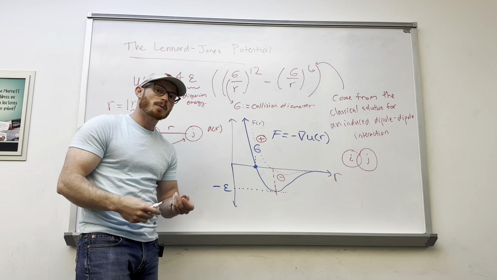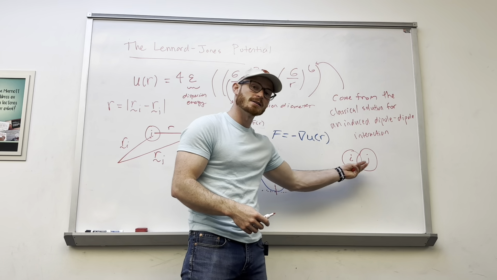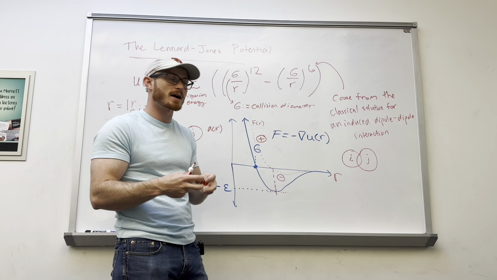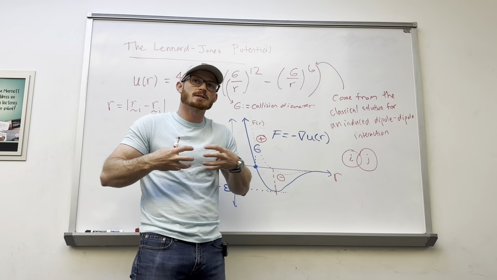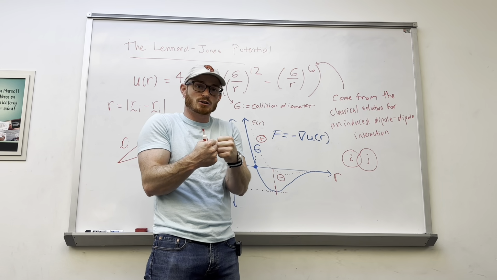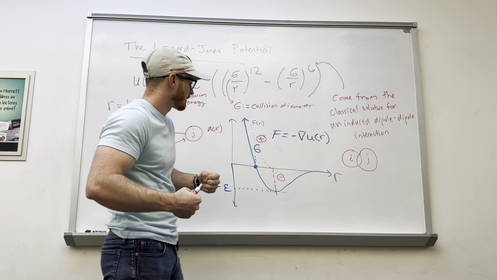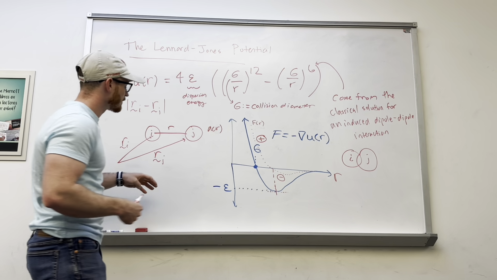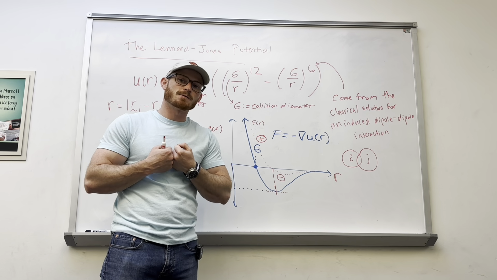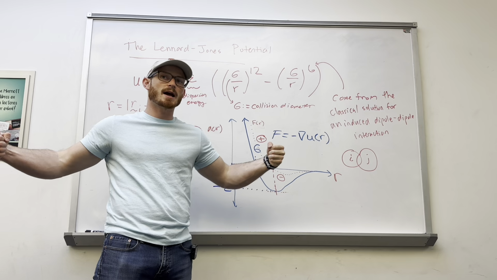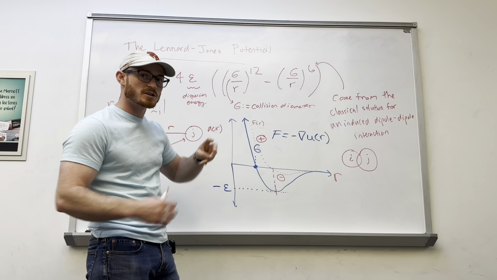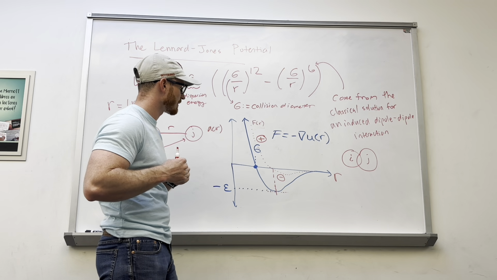Well, we know from the Pauli exclusion principle that the electrons in these atoms do not want to interact with each other. They cannot interact with each other physically, and so they're going to cause something called Pauli repulsion. This repulsion is going to want the atoms to move apart from each other. Well, within the reference frame we've created here, that is what a positive force is. The positive force wants to push the atoms apart. So when they're close by, there's a really high force that's wanting to move the atoms away from each other.